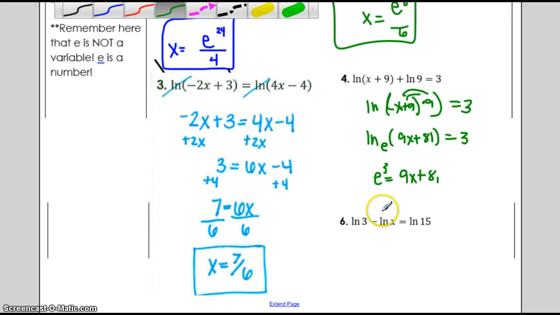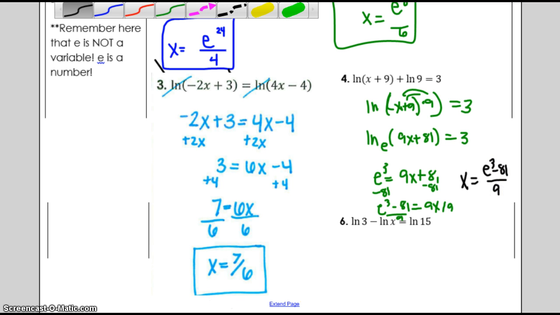So we'll subtract 81 and then we'll divide. Subtract 81. So e to the 3rd minus 81 equals 9x. And then last step, divide by 9. So our final answer here is going to be x equals, and then it's our e to the 3rd minus the 81 over 9.